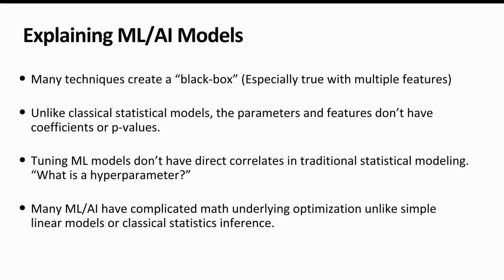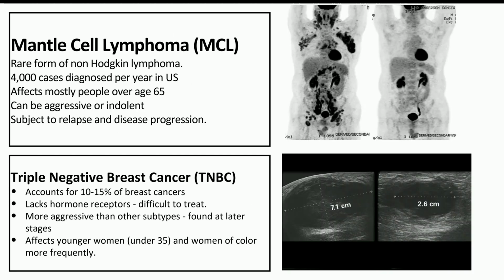And when we're tuning our machine learning models, we don't have direct correlates to traditional statistical models. So trying to explain what a hyperparameter is may cause some trouble as well. And then there's also complicated math that underlies optimization of AI models, and that can also cause some trouble.